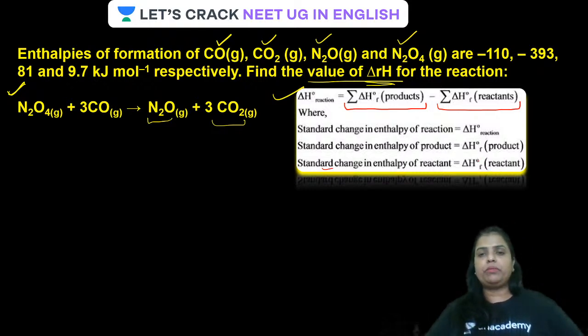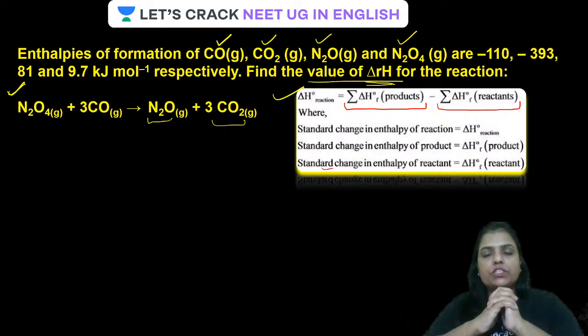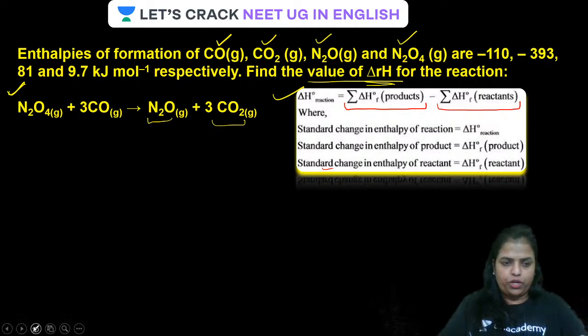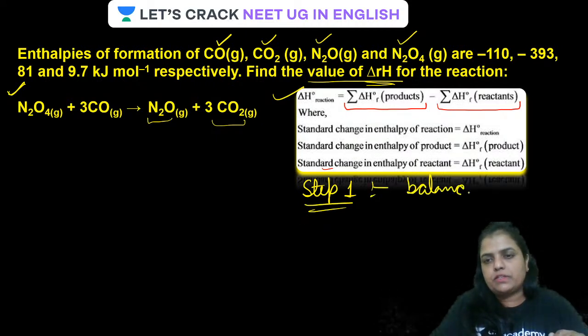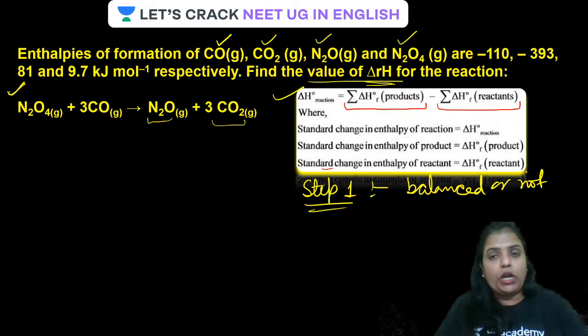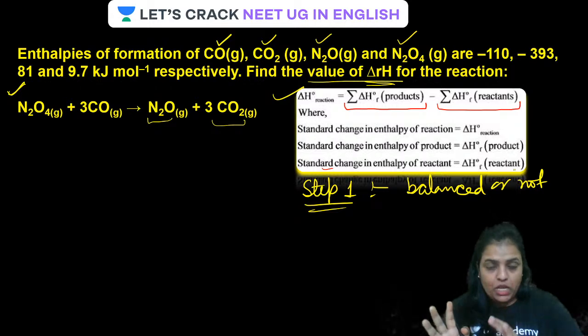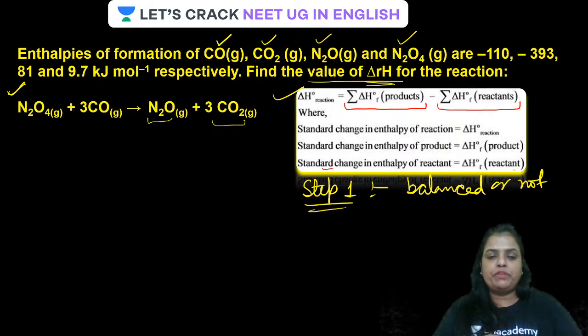So the very first step over here, let me jot down. For solving such questions, step 1 is to look whether the given reaction is balanced or not. If it is not balanced, then the very first job of yours is to balance the reaction. Done. Then, in order to find out the sum, because stoichiometric moles should not be forgotten, we need to have a balanced chemical reaction because, guys, enthalpy is an extensive property.